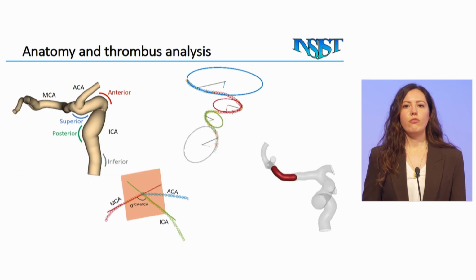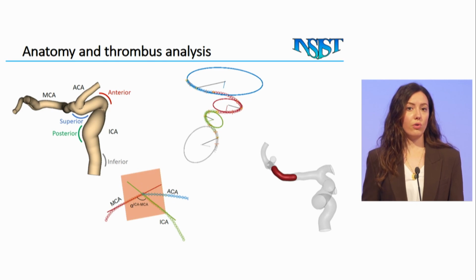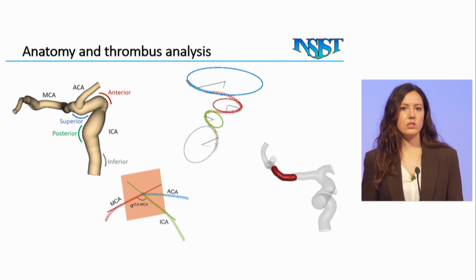But first, we perform an analysis of the anatomy of the vasculature of each patient, because you can see that the cerebral vessels have this very tortuous anatomy. And so we were trying to understand which of the anatomic parameters had an influence on the outcome of the procedure. And also not only the vessel, but also the characteristics of the occlusion.